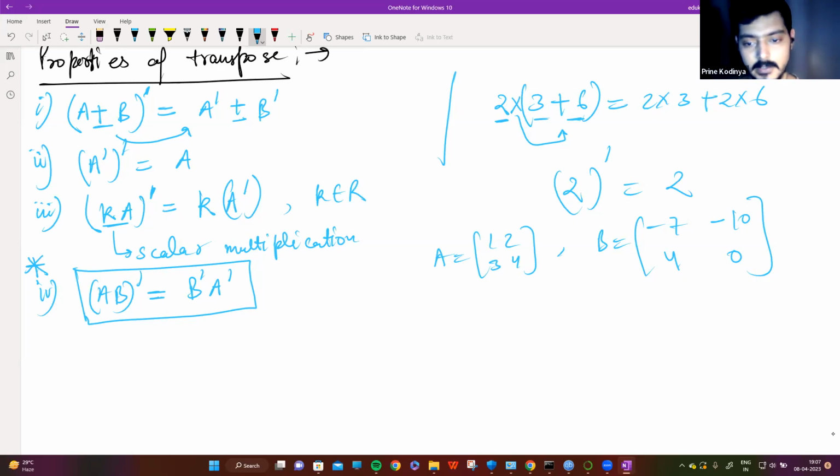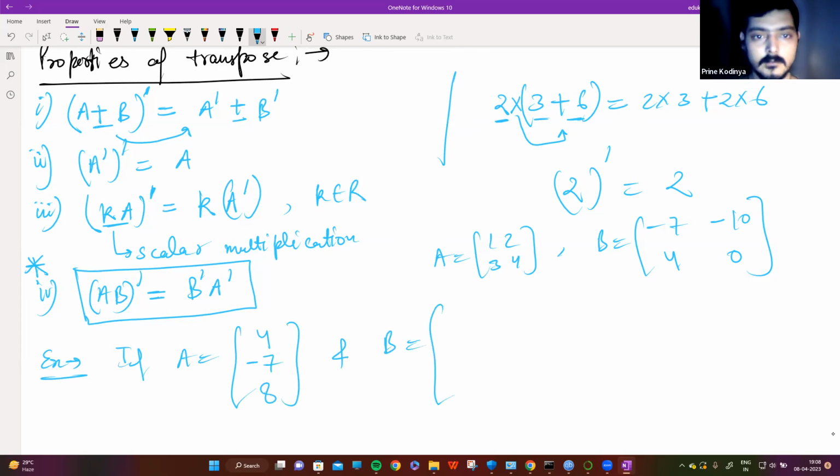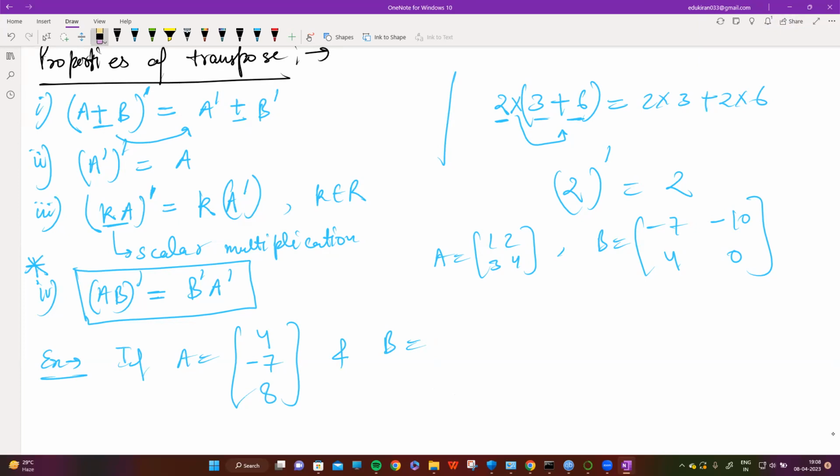So we are given A. Let's say A is 4, -7, 8, and B is, sorry, what should be the order of B? Can someone tell me what should be the order of B? Yes, guys, what should be the order of B? 2 into 3.